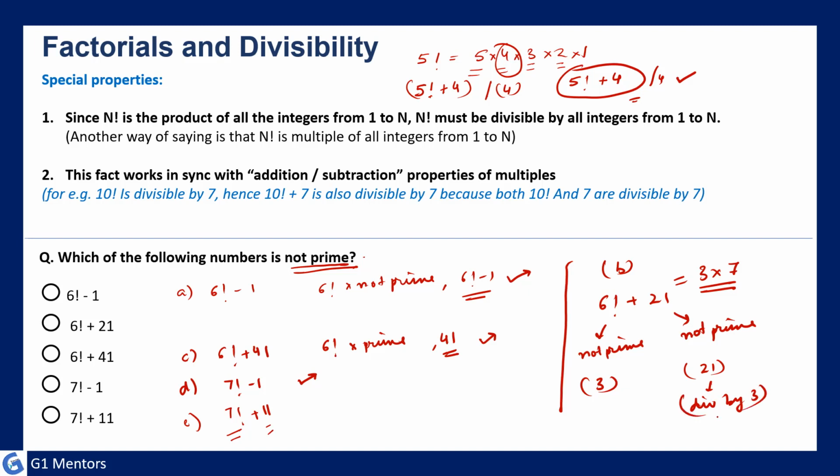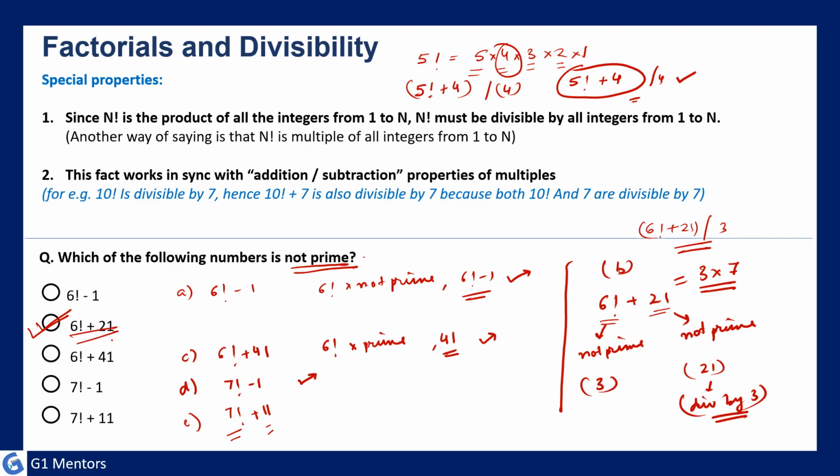It has a common divisor, meaning that if 6 factorial is divisible by 3 and 21 is divisible by 3, then definitely 6 factorial plus 21 will be divisible by 3. So definitely 6 factorial plus 21 is not a prime number. It can be divided by 3 very easily. These are the kind of questions which may be tested on factorials and divisibility.